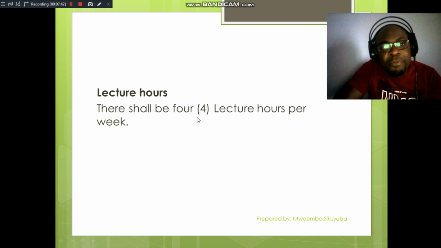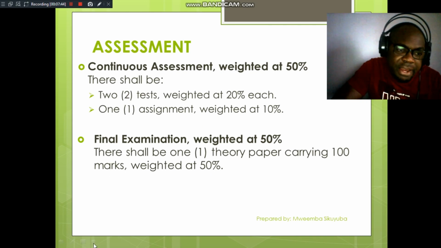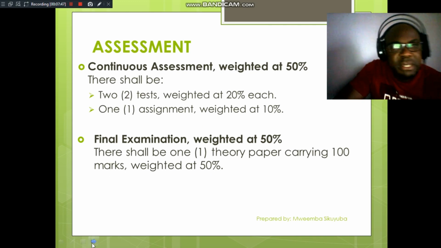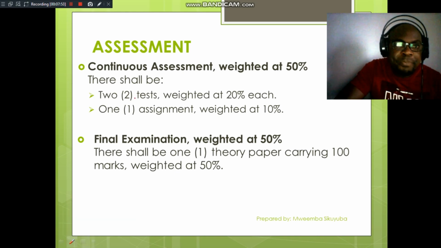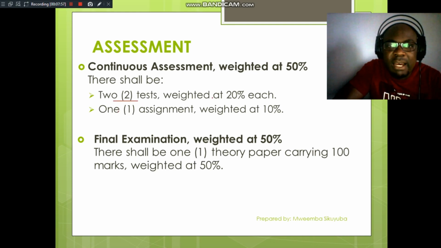And then assessment. It is hoped that our assessment will be as follows. We are going to have 2 tests amounting to 20% each, and 1 assignment amounting to 10%.